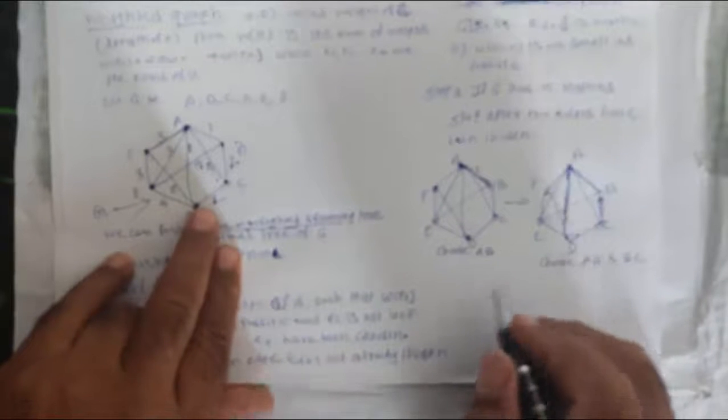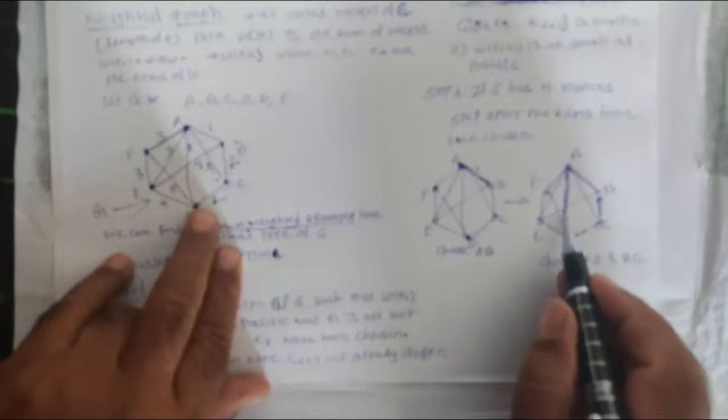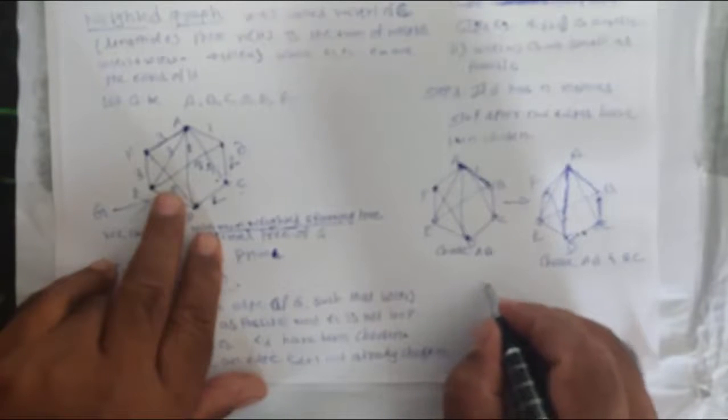Again choose BC. Now here there are 6 vertices, so we choose 5 edges. Now again minimum weight: if we choose this, then it becomes a cycle, so don't choose this CD now. Again choose here from these two edges, any one. Choose AE.